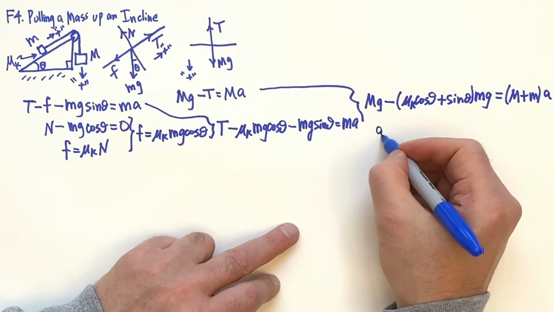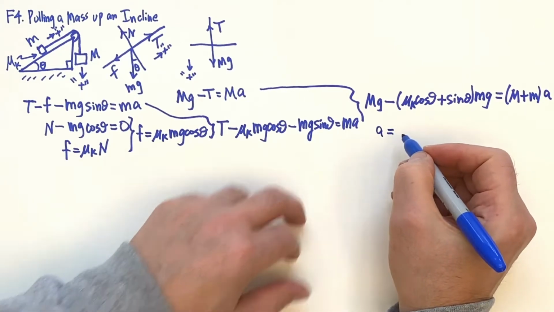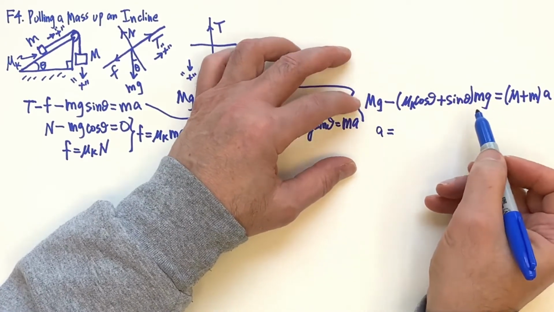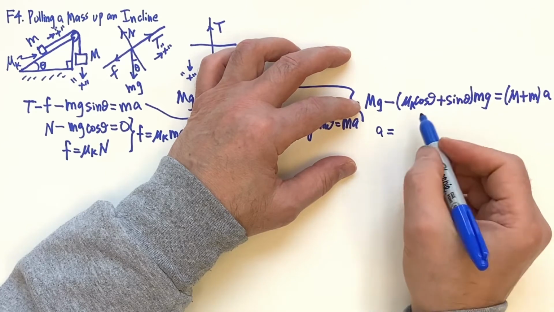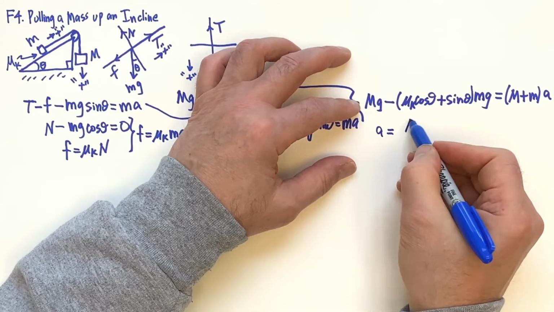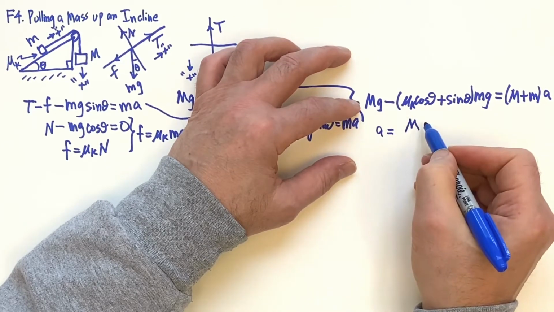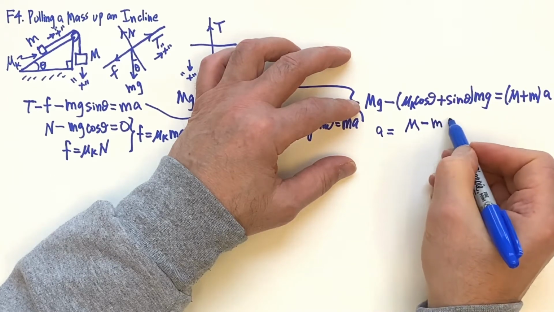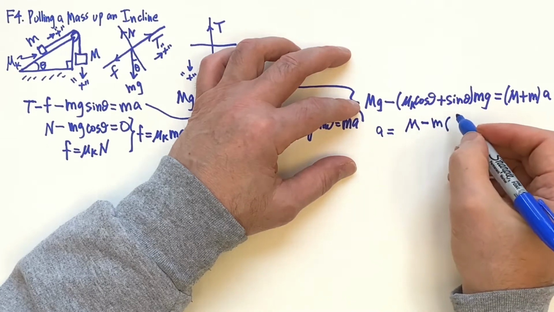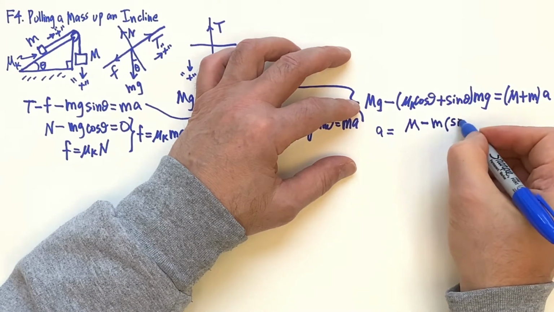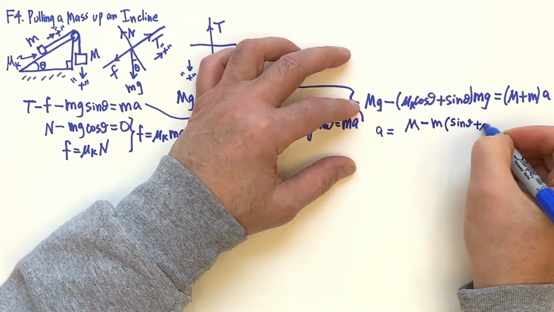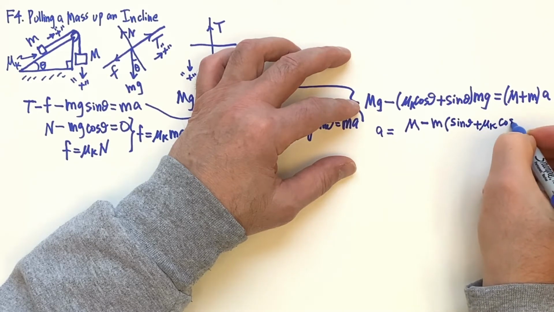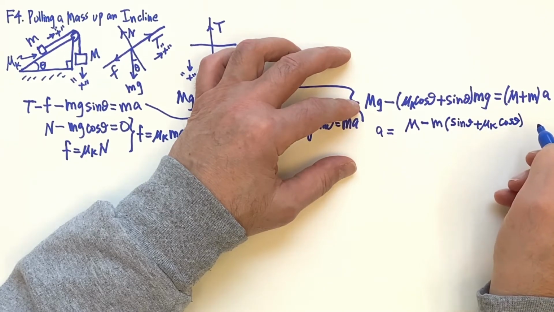So the acceleration is going to be, now I notice that I can pull g out, so I'm going to do that, have the big M first, and then we're going to subtract the little m times, and my preference here is to write the sine first, the sine of theta plus mu k cosine of theta, like that.